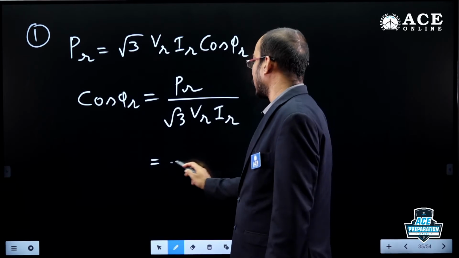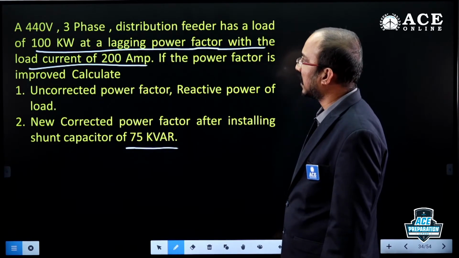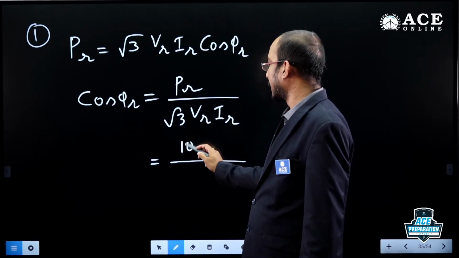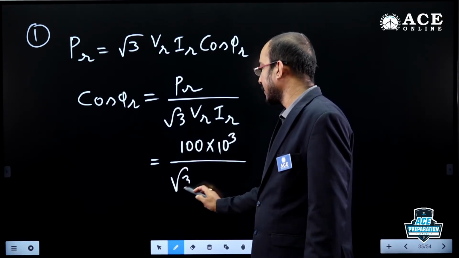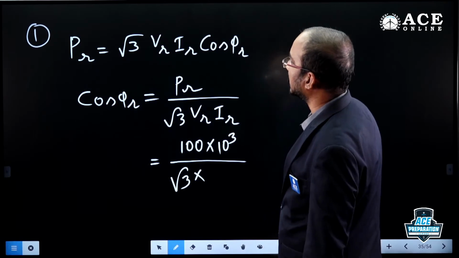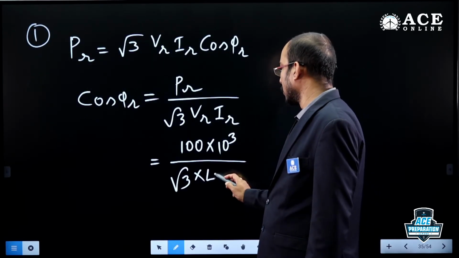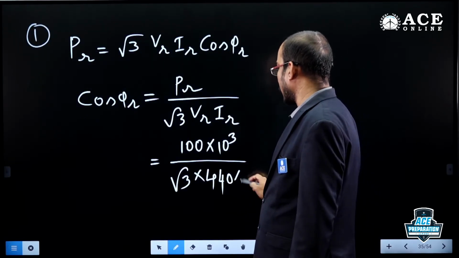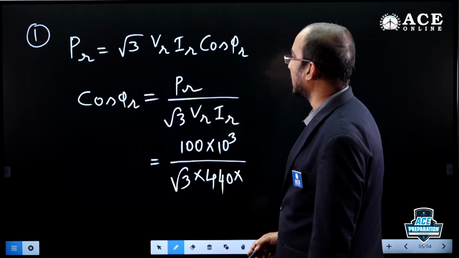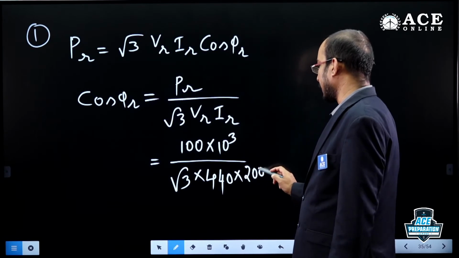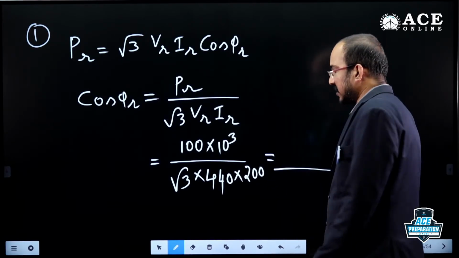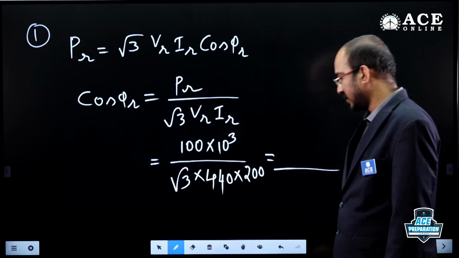So, what is the PR given here? 100 kilowatt, 100 into 10 power 3 by √3 times VR. VR given as how much? 440 volts. What is the load current that has been given here? 200 amperes. Now, what is the power factor at which initially it is operating?